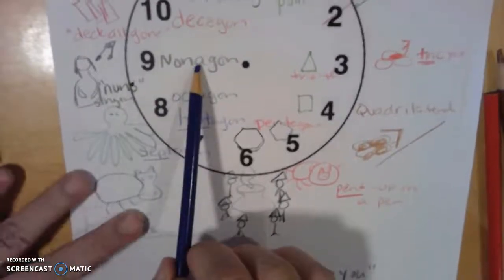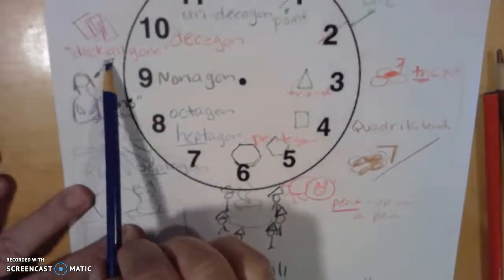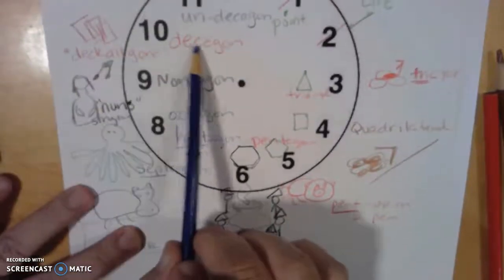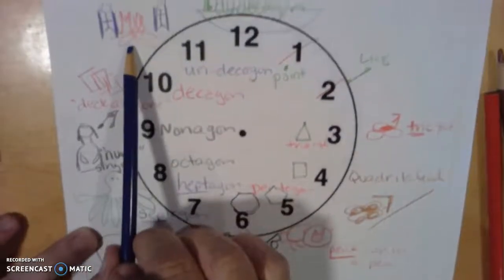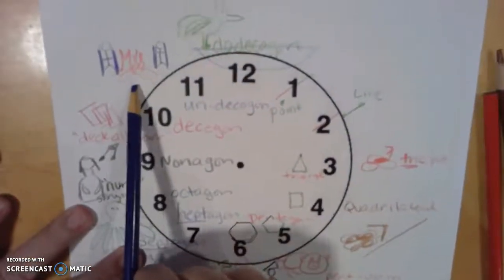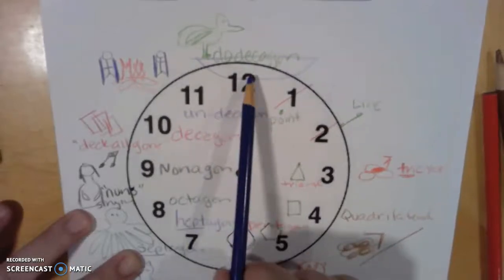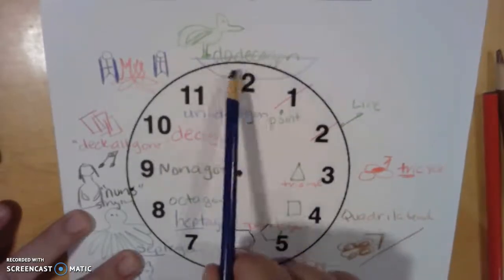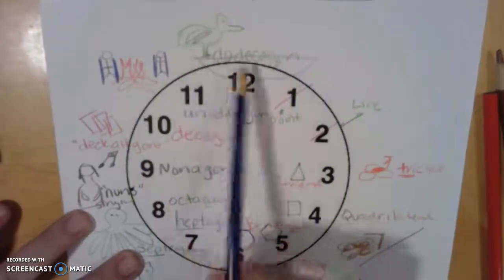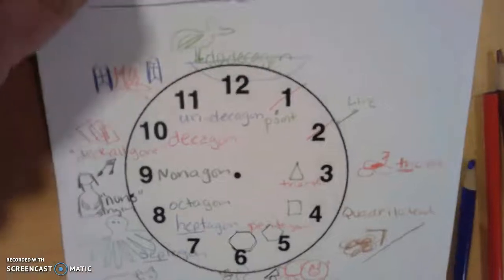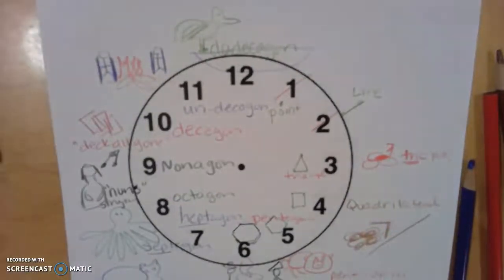Nuns singing, a nonagon. The magician making the deck disappear, deck all gone, decagon. The Aborigines dancing around a fire with their sticks in the shape of 11, undecagon. And a 12-sided figure, dodecagon, a little dodo bird going back and forth across the deck. Silly little image, but a fun way to remember the names of a polygon.